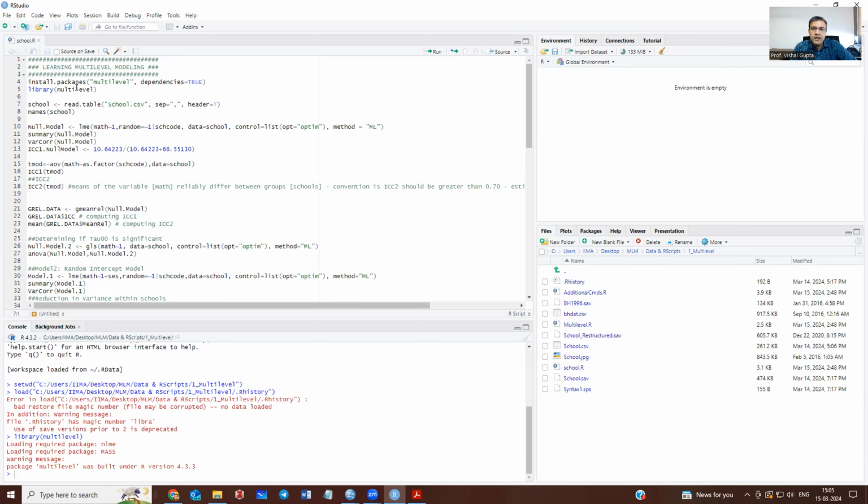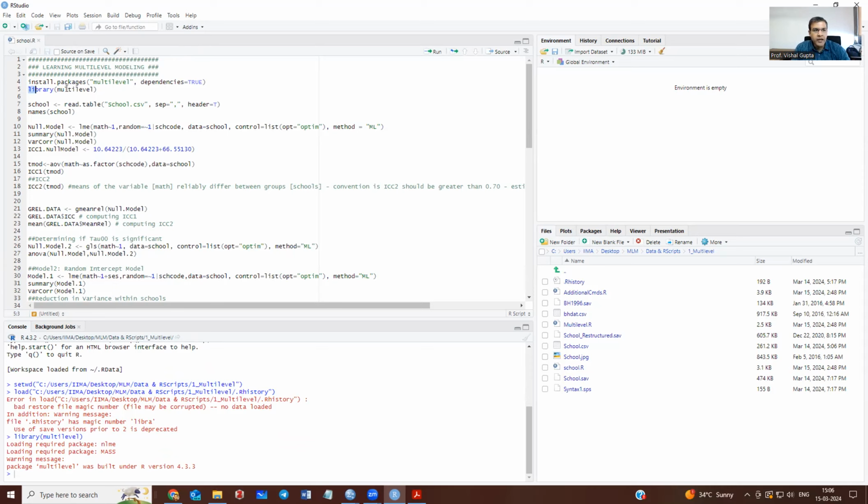Please note, this is the R script that I mailed all of you this morning. I'm using the revised one, and I will show you what changes I have made, and we'll go over all the steps right from the beginning just to refresh, and then we will come to the random intercept and the random slope model.